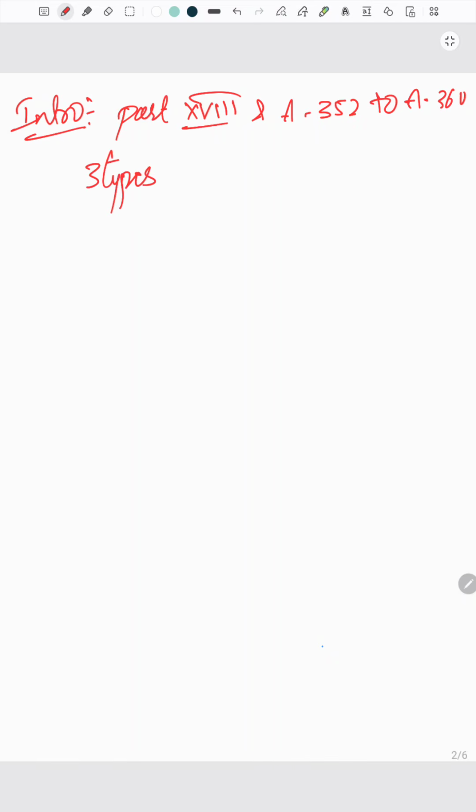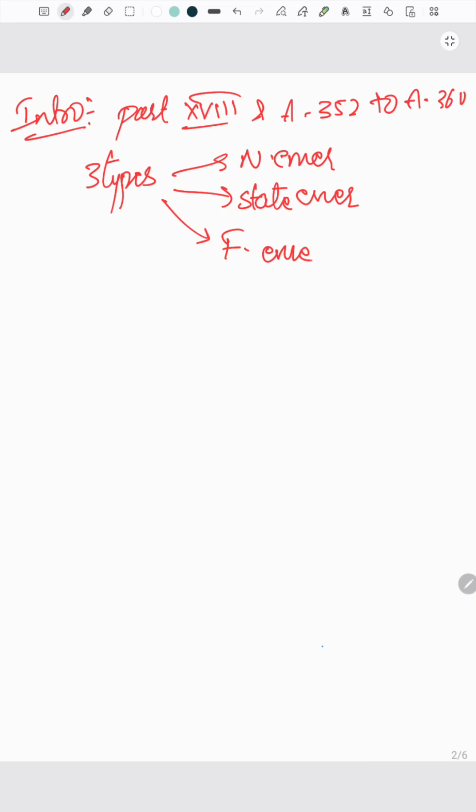This also you can mention by a small diagram: national emergency, next state emergency, and after that financial emergency. In brackets you can mention Article 352, Article 356, and after that Article 360. That was done. This will be our intro.